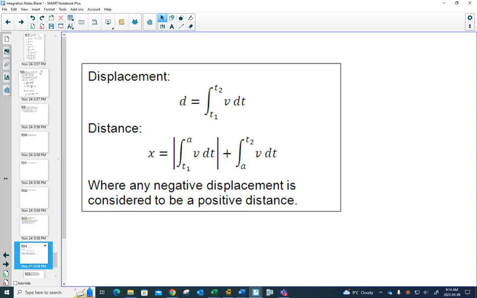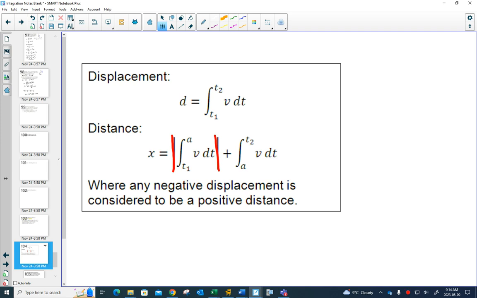So one way of thinking about distance, if you were doing this algebraically without a calculator, you would split it up into those 2 sections, find each of those integrals on their own, and the negative one you would make positive by adding absolute value bars.